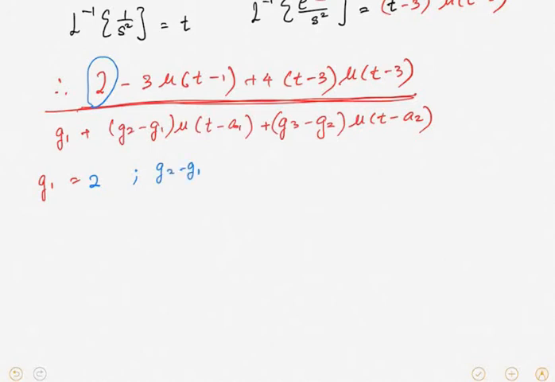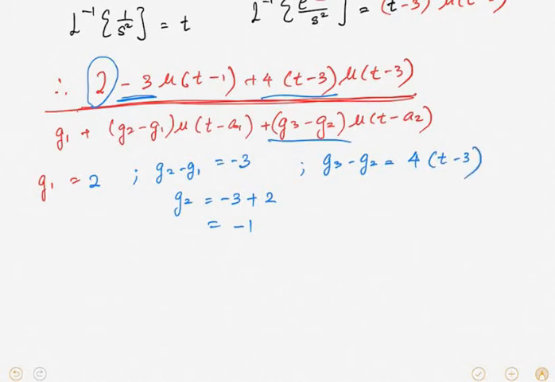Now G2 minus G1 should be equal to negative 3. So G2 will be negative 3 plus G1. G1 is 2, so you have negative 1. And then G3 minus G2 equals 4t minus 3, so G3 equals 4t minus 3 plus G2.